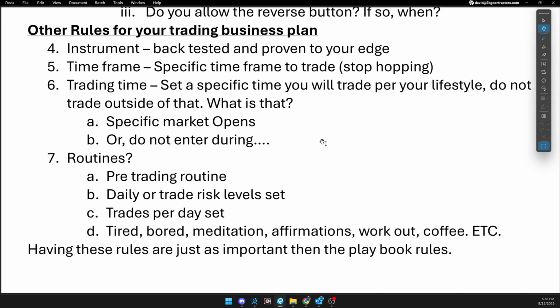Daily or trade risk level set. If you're a lower time frame person, you say I can take 3 trades a day. Know what that is. I've had 2 losing days. I need to reduce my risk. Know what that is. Have that figured out before the day comes.